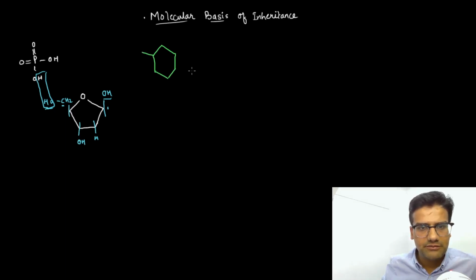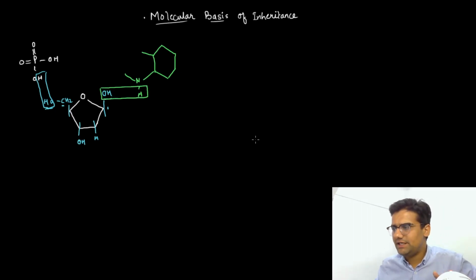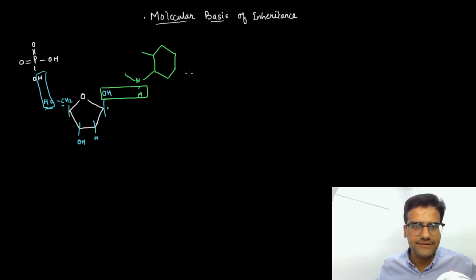This double ring structure contains nitrogen at the 1, 3, 7 and 9 positions. The 9th position nitrogen atom combines with this hydroxyl group and forms a linkage. This linkage is what we call the CNC linkage.